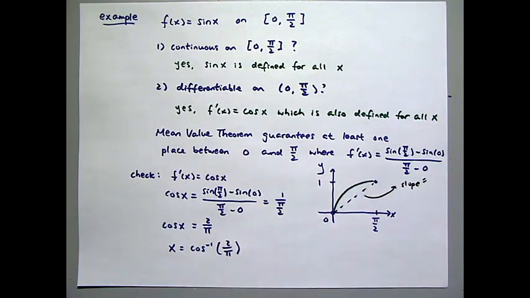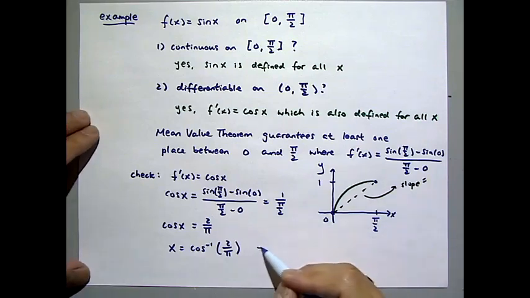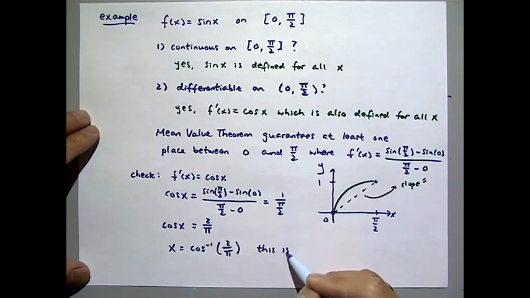And the solution to that is the inverse cosine of 2 over pi. Even without knowing that value, I know this is a first quadrant value. This is a positive number. Cosine positive must be in the fourth or the first. The context tells us this must be a first quadrant value. So even without knowing exactly what it is, we're guaranteed that it's in the right location.